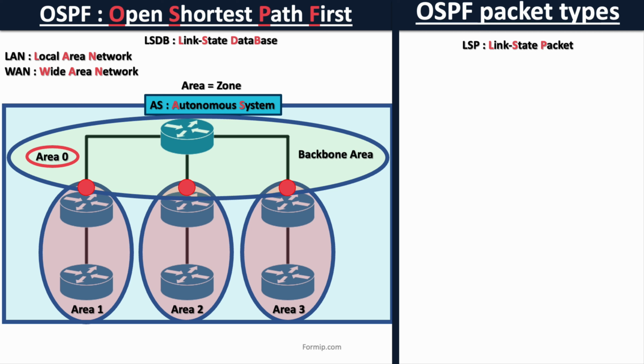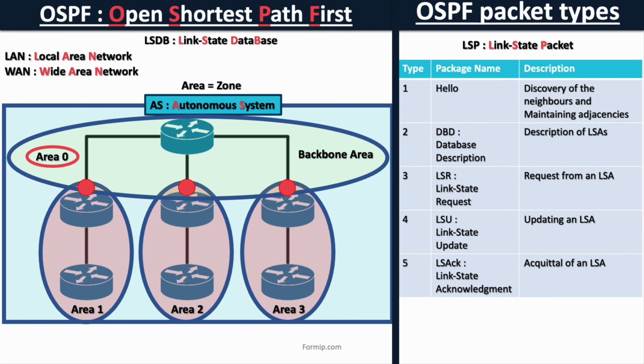The OSPF protocol uses LSP packets to establish and maintain a neighbor relationship, and also to exchange routing updates. In this table, we see the 5 types of LSP packets, which are used by the OSPF protocol. Type 1 are hello packets.